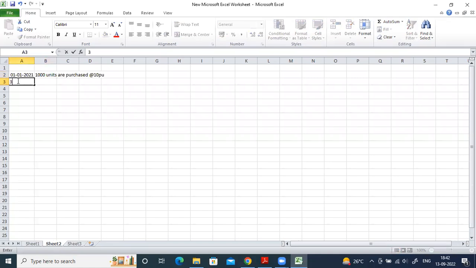And then on 3rd January 2021, let us assume that 2000 units are purchased at the rate of 15 per unit.